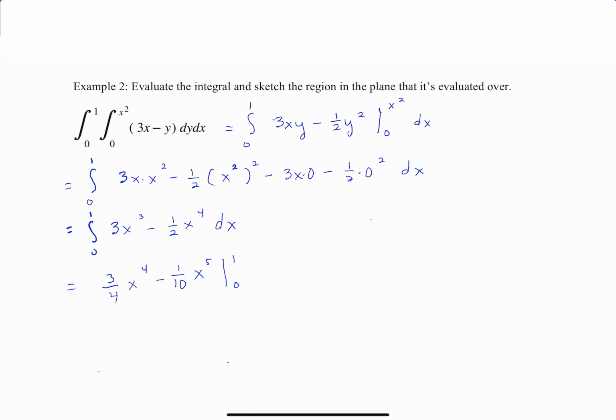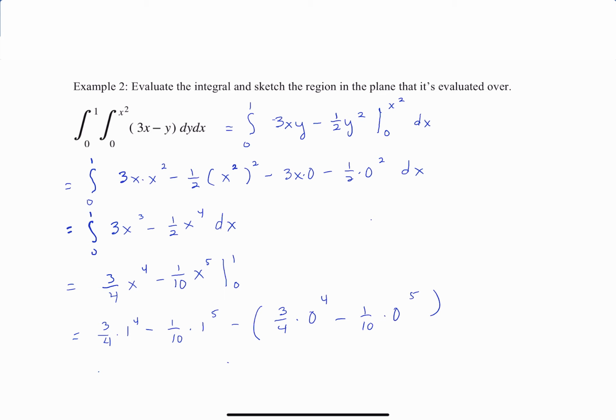Anyway, plugging in our 1 and our 0, that gives us 3/4 times 1 to the 4th minus 1/10 times 1 to the 5th, minus 3/4 times 0 to the 4th minus 1/10 times 0 to the 5th.